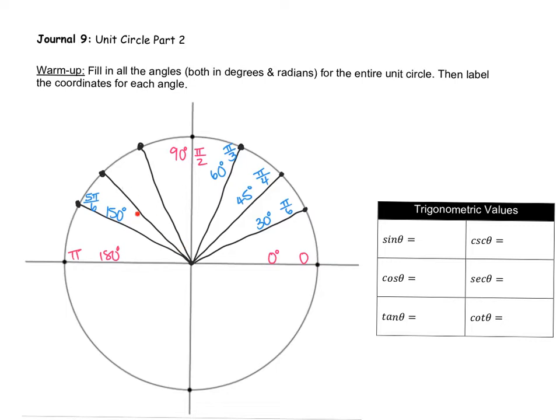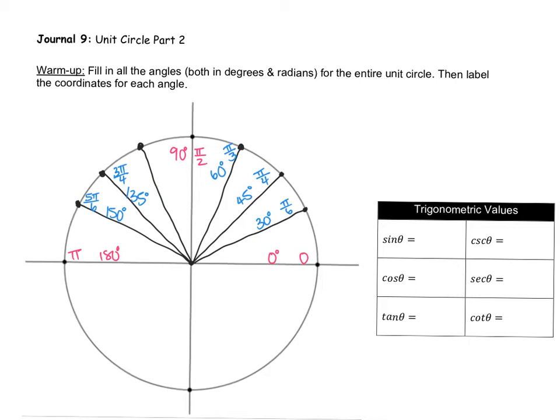And then we continue to do it for the other angles. So for this angle here, I'm going to take 180, and this angle is a reflection of 45, so this angle is 45 degrees. If I take 180, subtract 45, I get 135 degrees. And if I take pi and I subtract pi over 4, that is going to be 3 pi over 4.